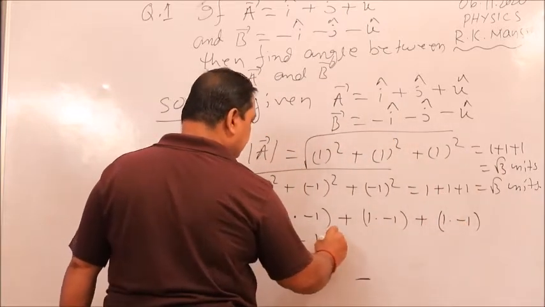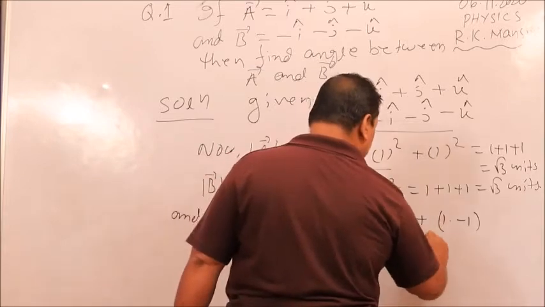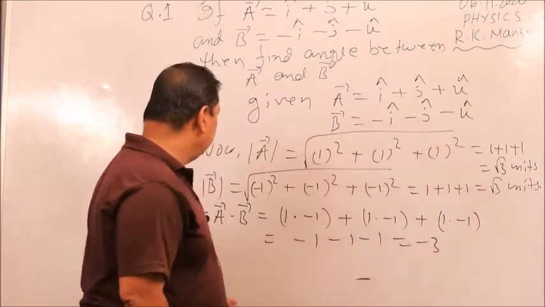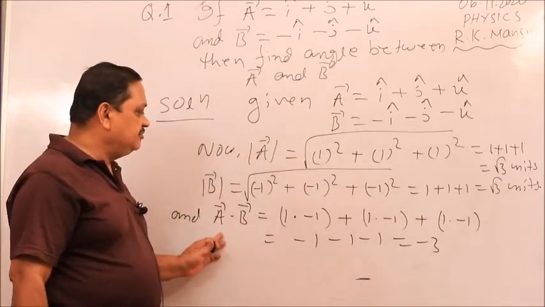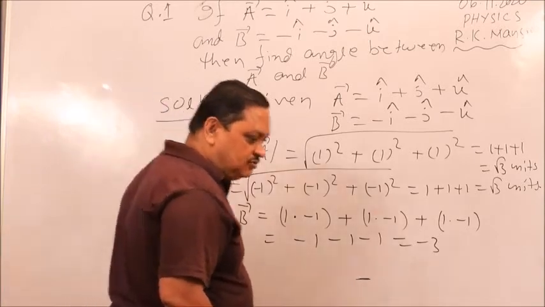So this is minus 1 minus 1 minus 1, so finally minus 3 is the dot product between vector A and vector B.